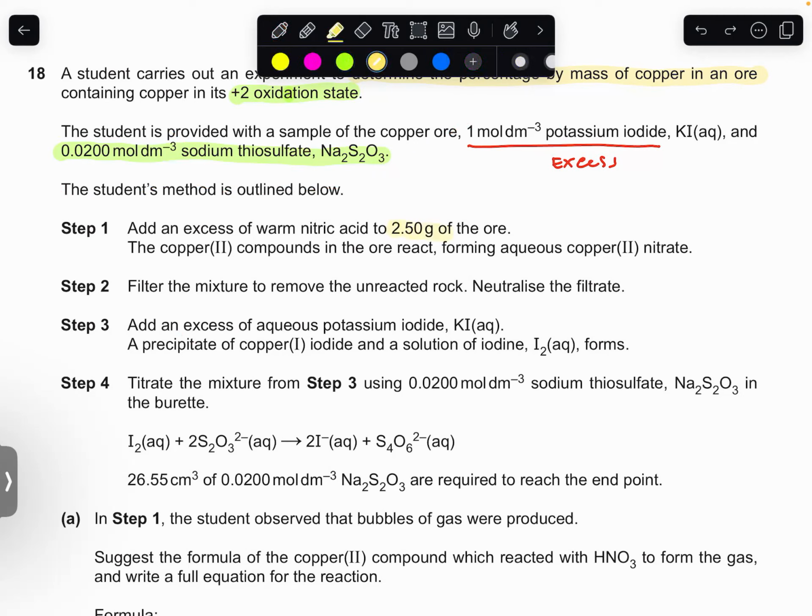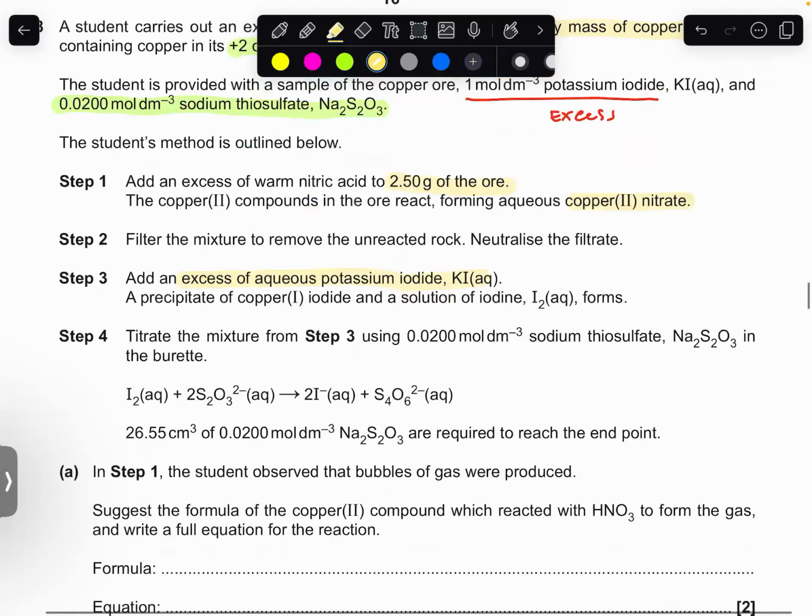You've got this mass of the ore. The copper-2 compound in the ore reacts, forming aqueous copper-2 nitrate. Filter the mixture to remove the unreacted rock, neutralize the filtrate. Add excess potassium iodide. A precipitate of copper-1 iodide and a solution of iodine is formed.